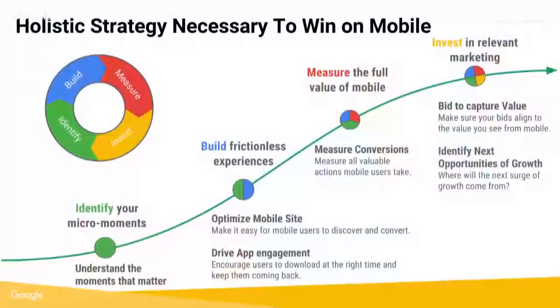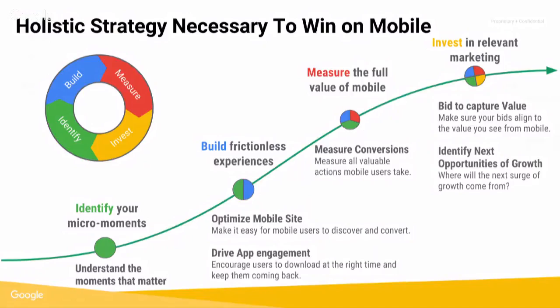Moving forward with the discussion we mentioned, to help organizations set up the right strategy to win on mobile, we mentioned the four main steps. Digging deeper into these steps, the first part was identifying the valuable micro-moments of the organization. What are the moments that matter? What are all the steps that users take? How is the experience defined?